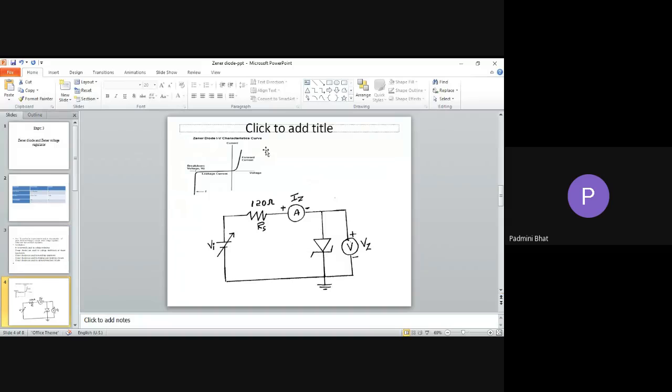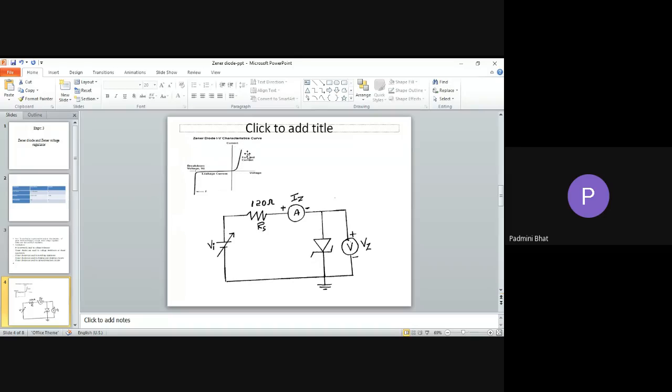Now, coming to the forward and reverse characteristics. When forward bias voltage is applied to the Zener diode, it works like a normal diode. You can see the characteristic here. It is like any other normal diode. As the voltage increases, current increases, and at around 0.7 volt it shoots up.